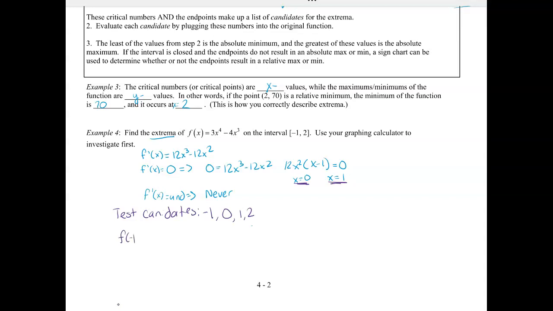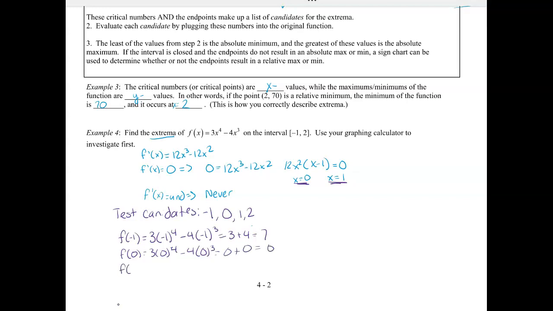So I've got f of -1, which is going to be 3 times -1 to the 4th minus 4 times -1 cubed, which is going to give me 3 plus 4, which should equal 7. Alright, f of 0 equals 3 times 0 to the 4th minus 4 times 0 cubed, which equals 0 minus 0, which is, hey, still 0.